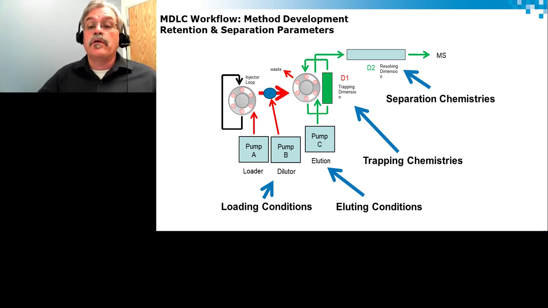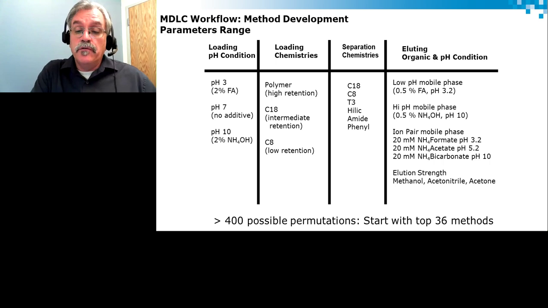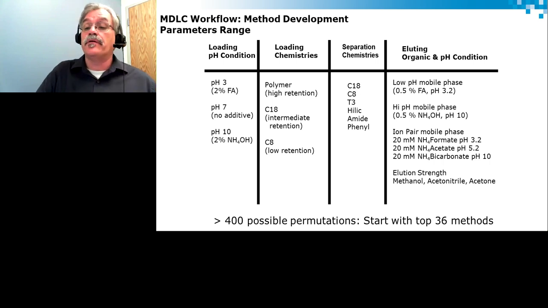If we look at the next slides and at these 4 parameters, we have a scenario with well over 400 permutations, which would be nearly impossible to analyze all of them. But what if we could start with the top 36? That gives a starting point.